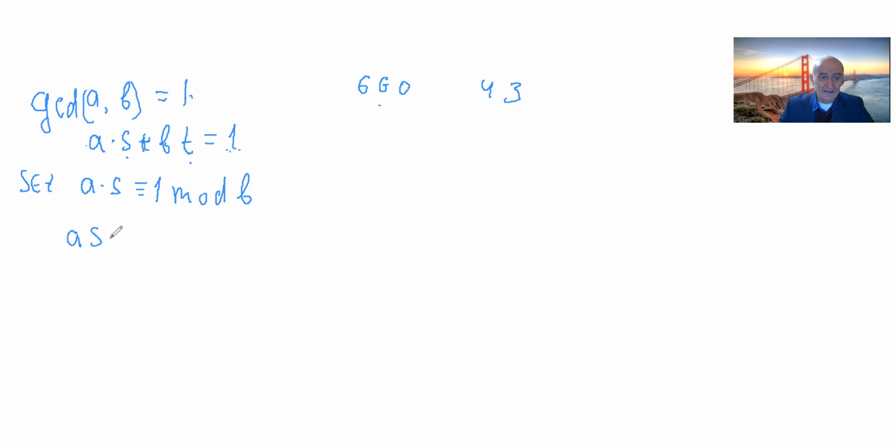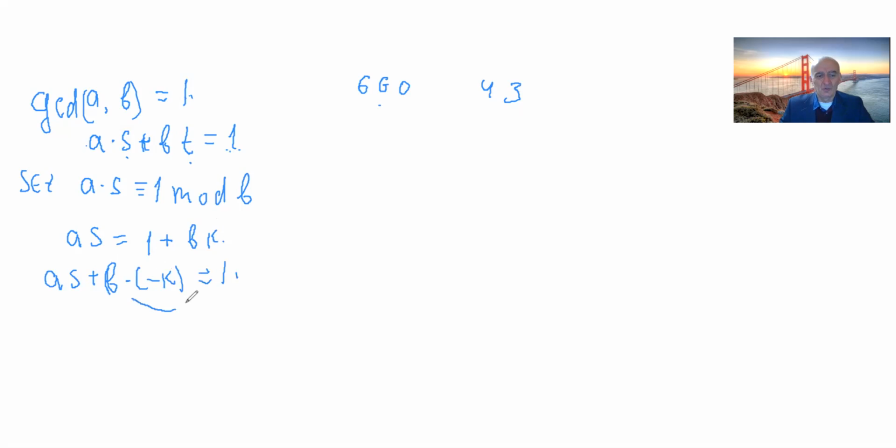I can represent it as A times S equals 1 plus B times K. Now I will move B times K to the left side, and we have A times S plus B times minus K equals 1.